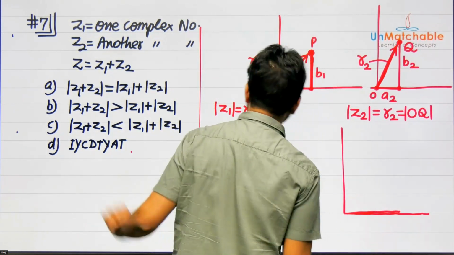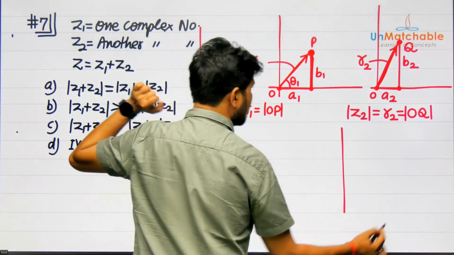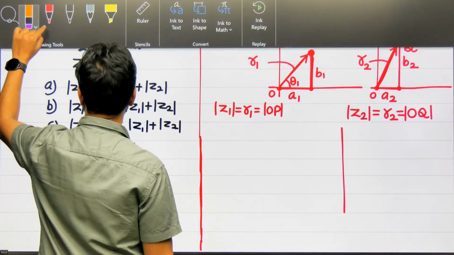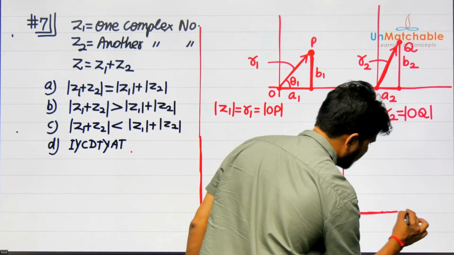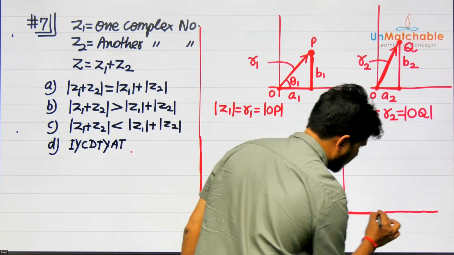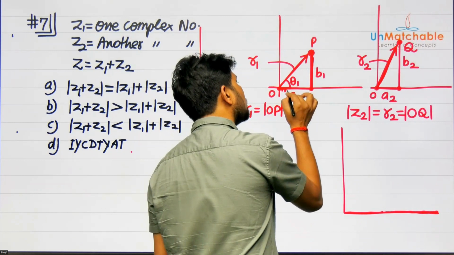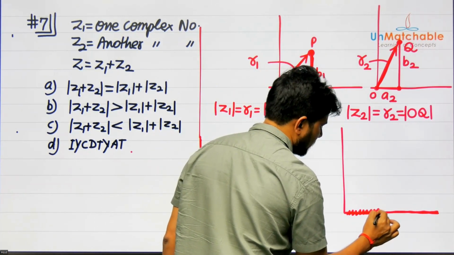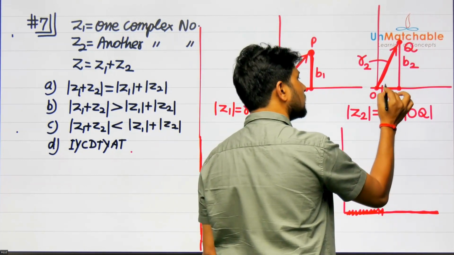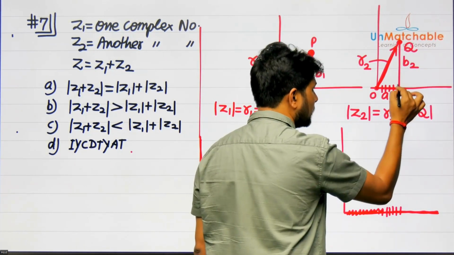I know to obtain Z1 plus Z2, the real part must be added into the real part and the imaginary part must be added into the imaginary part. So the real part and imaginary part should be added correspondingly. So I'm going to measure A1, and then I'm going to measure the A2 value.